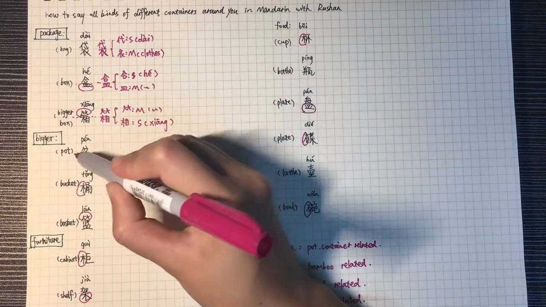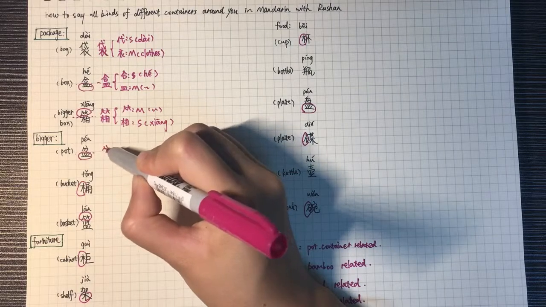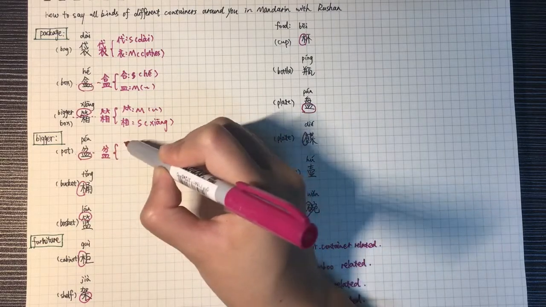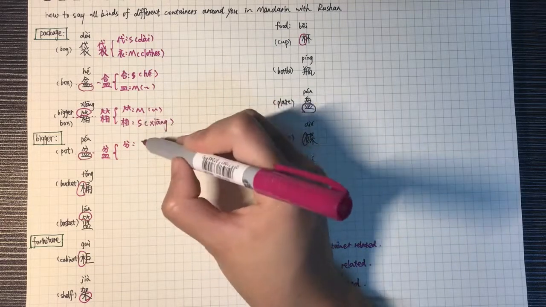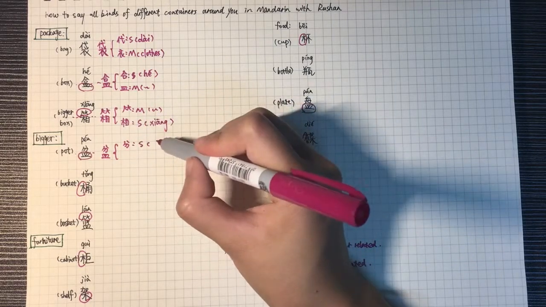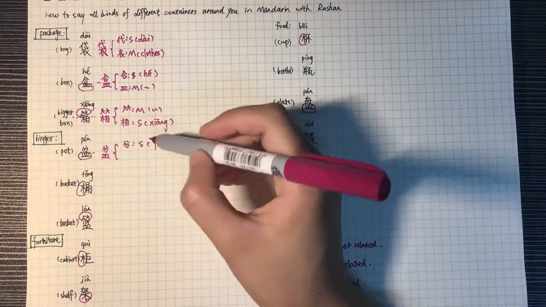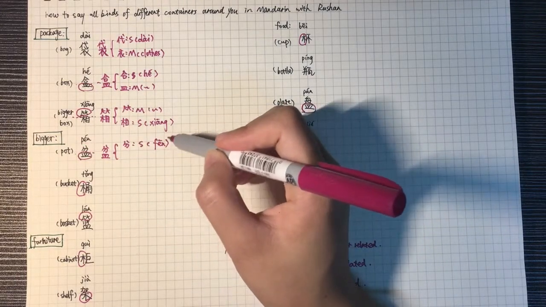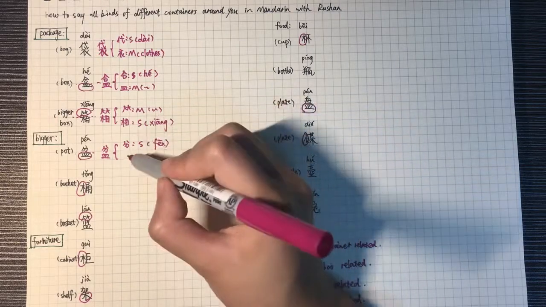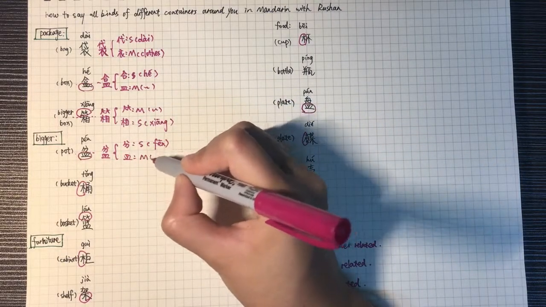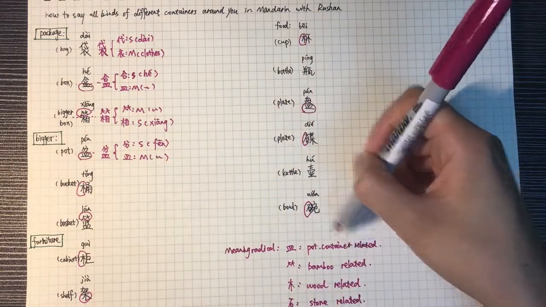Next one, again top and bottom. The top one is a sound radical, 分. It's related to the sound because they have the same vowel, en. And the meaning radical we have talked about is about containers.